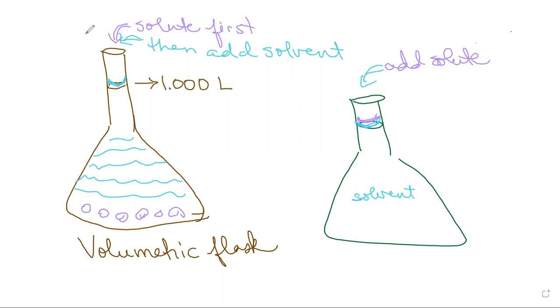So you have to go solute first, then add your solvent, not the other way around. Okay, so now you know how to make the solution. This is the solution you're going to make.